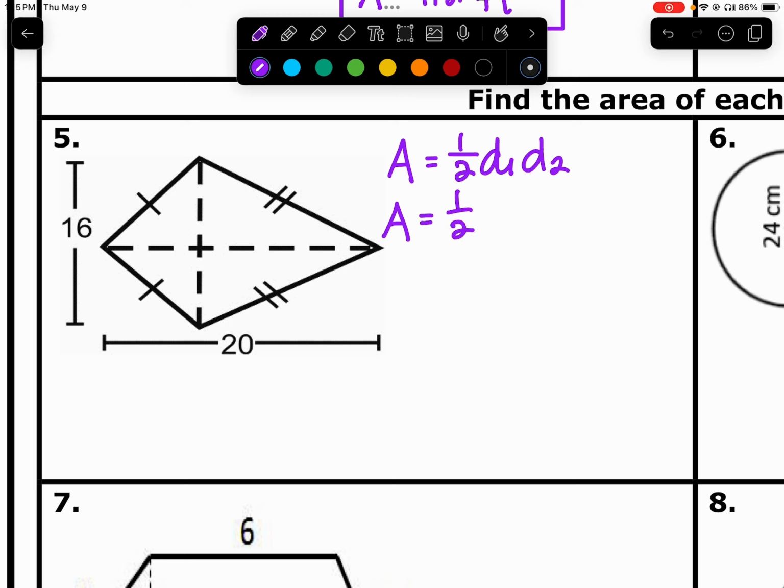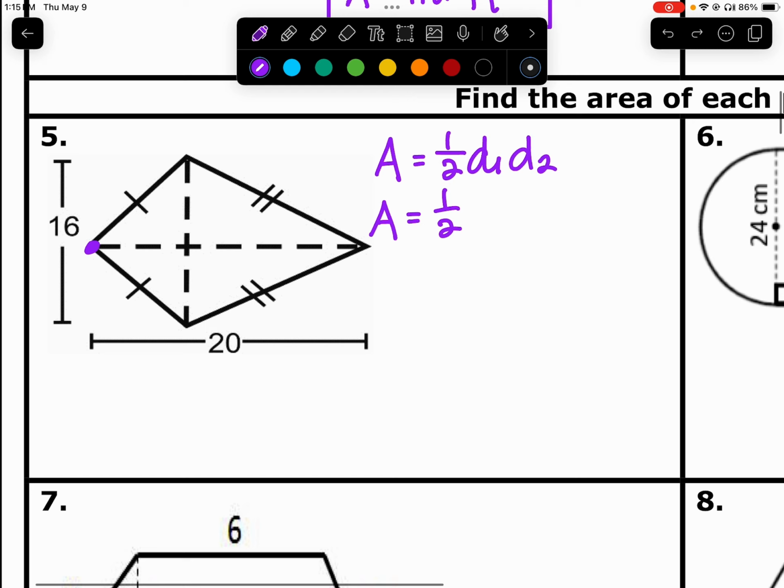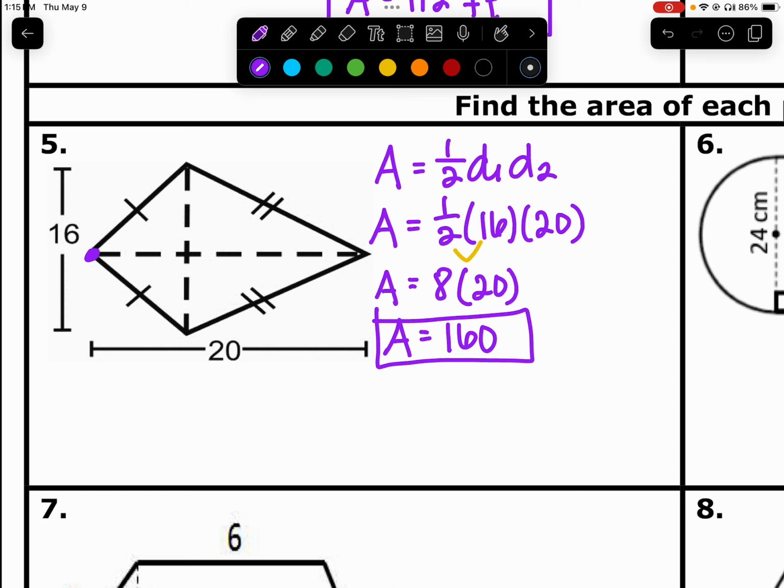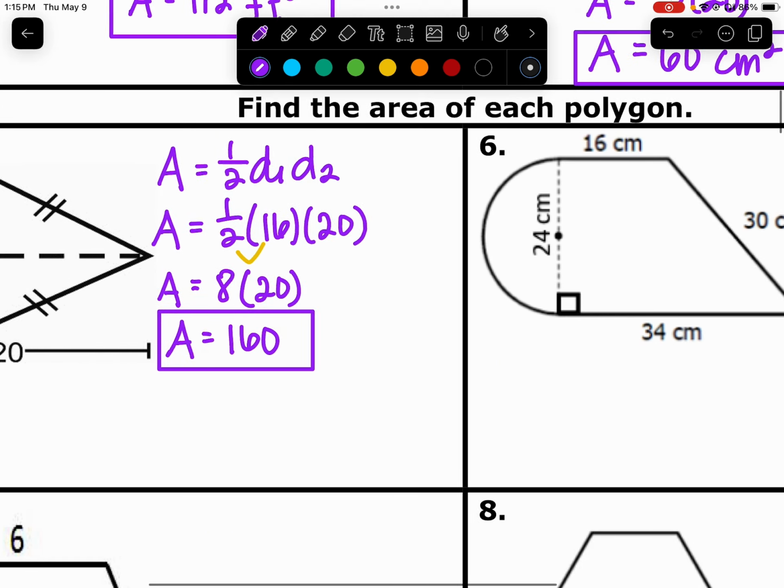And a diagonal is a line segment that goes from one vertex to a non-consecutive, or non-adjacent, vertex. So this 16 and 20 are your diagonals. All right, if we use PEMDAS, we see here 1/2 of 16 is 8, and 8 times 20 is just 160. There is no unit of measure, so I'm just going to leave it as 160.